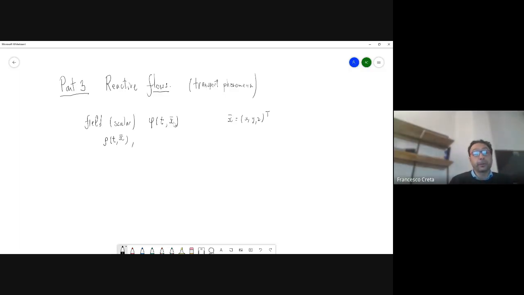This could be temperature. It could be concentration. So we can have, for example, for a species i, a scalar field represented by the mass fraction, again as a function of time and of space.